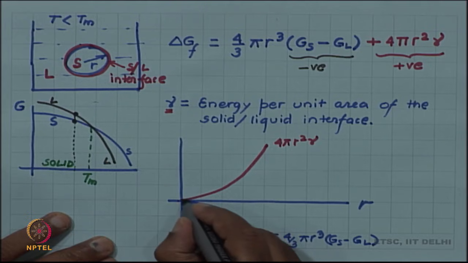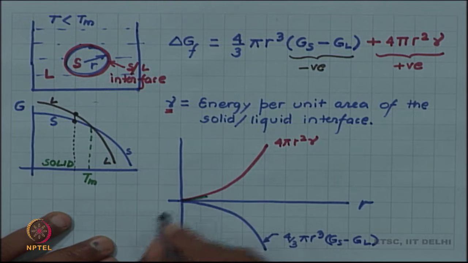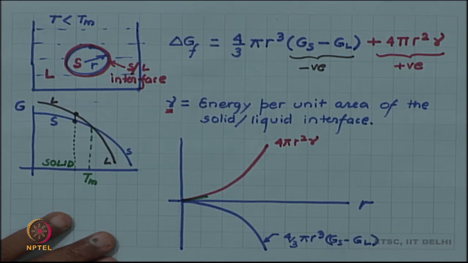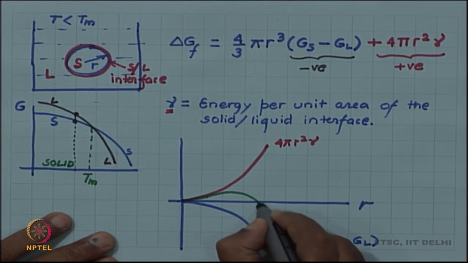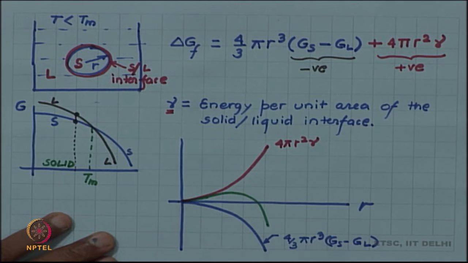So, initially the curve will follow r square curve and will be going up, but gradually as the radius becomes large, the curve will be pulled down.